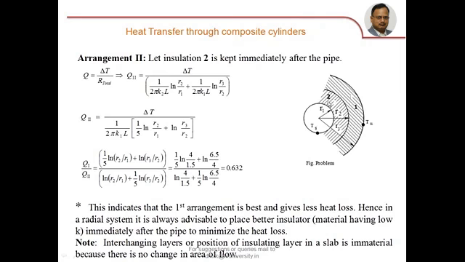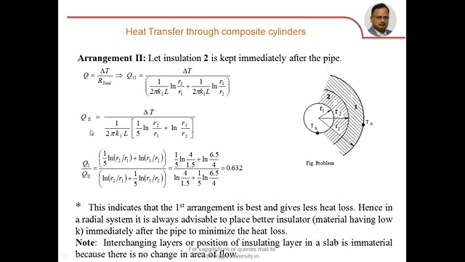See, now the second insulation is kept first, and then insulation 1 is kept at the end. Again the same equation, Q equals delta T by R total. In the second arrangement, Q2 is delta T by 1 by 2 pi K2 L log R2 by R1, because first you have the layer with the K2 thermal conductivity, no change in R2 and R1 because thickness is same, plus 1 by 2 pi K1 L log R3 by R2.